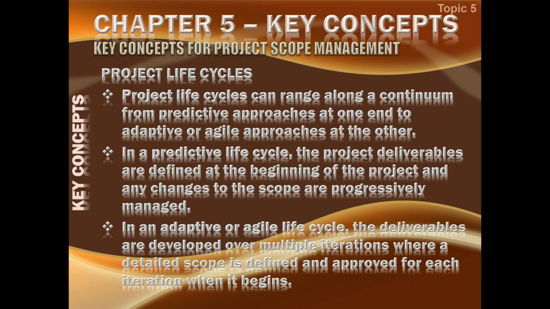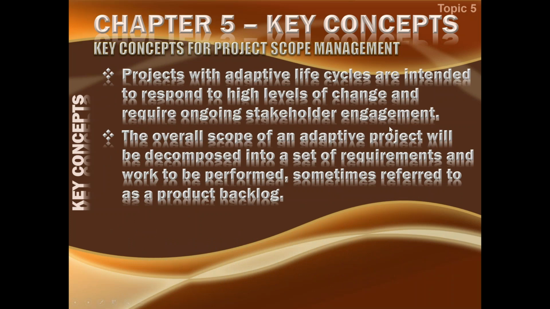Whereas in adaptive, we welcome change. Projects with adaptive life cycles are intended to respond to high levels of change. That is what they are planned for, and they require ongoing stakeholder engagement. The stakeholder is always working with you in every iteration, and so he is fully involved with you.